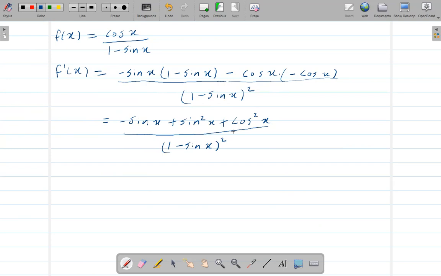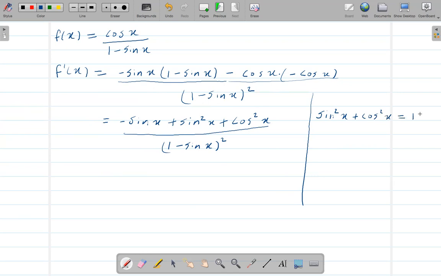One thing again from trigonometry: sine squared x plus cosine squared x is what? Do you remember? Sine squared x plus cosine squared x is simply 1.